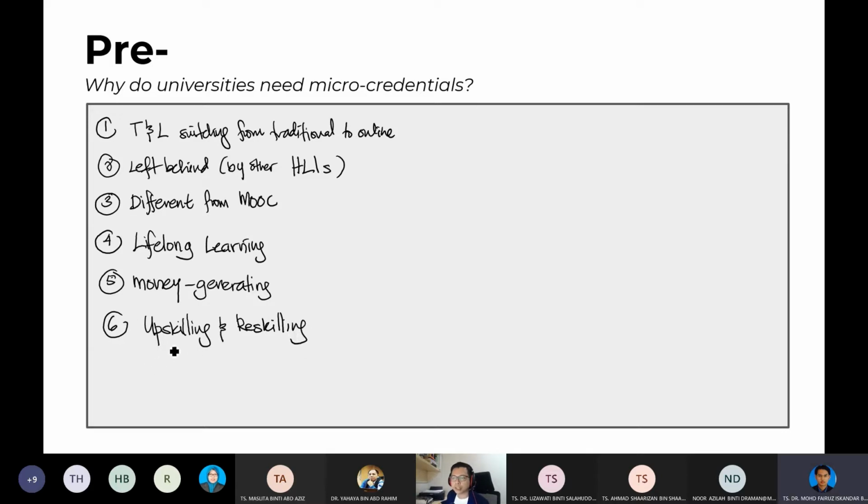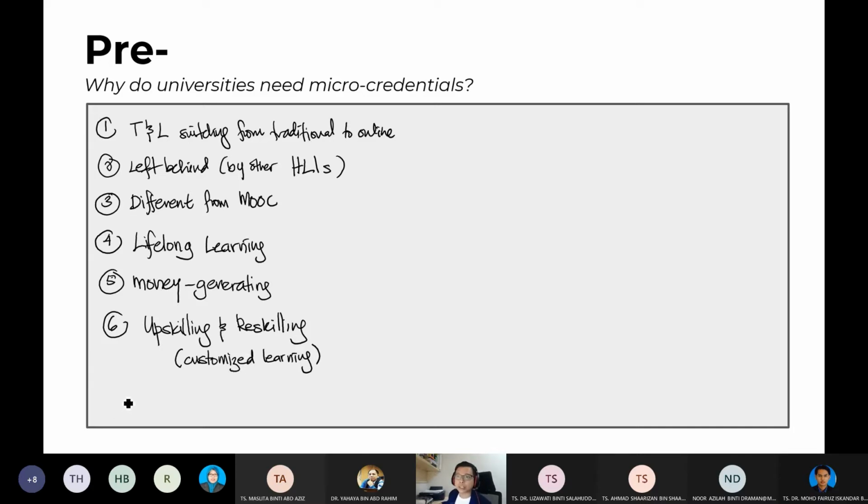And then there is customized learning, meaning we don't want to take the whole program, for example. We might want to take just 1 or 2 subjects. Okay, so let us stop here.